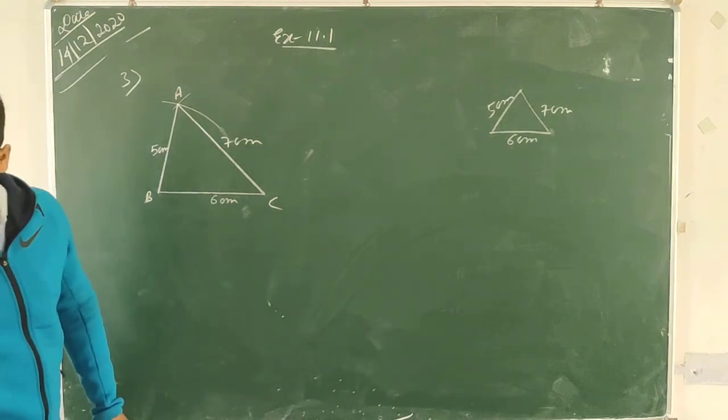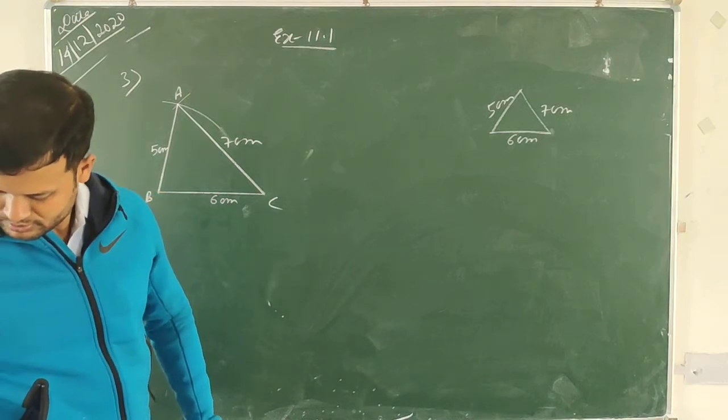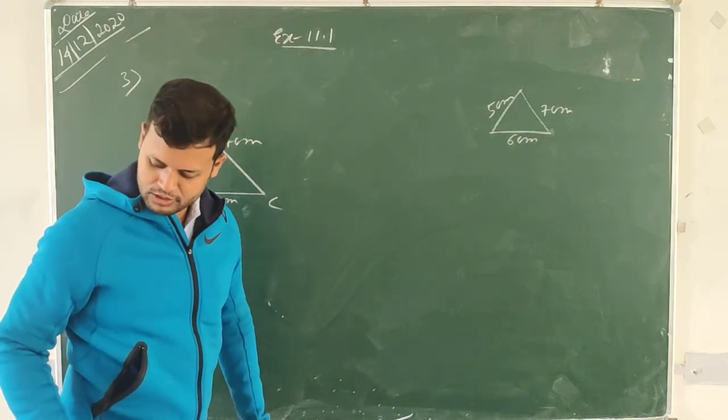Okay. So now we need 7 by 5 of the corresponding sides of the triangle.